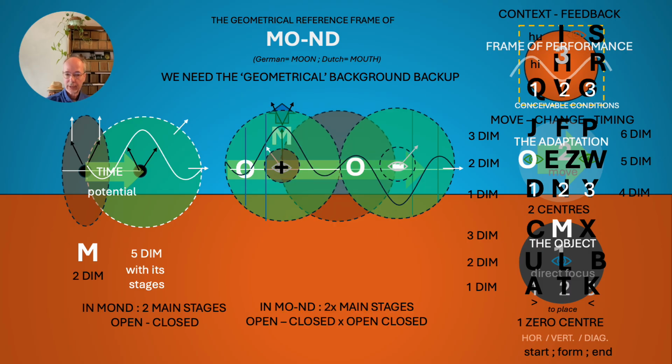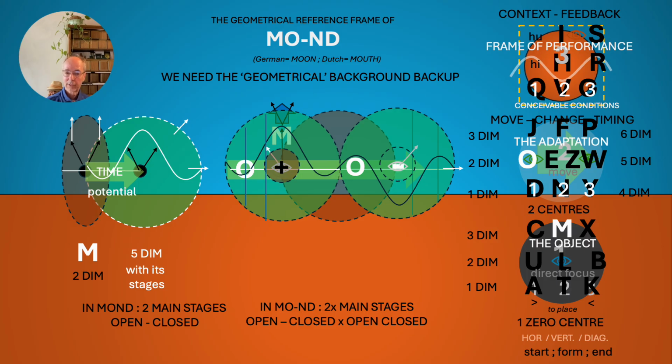With MOND, with a double O, there will be much more needed to comprehend it. It has all these stages and many more stages of follow-up, and it's not just opening and closing or light and dark.